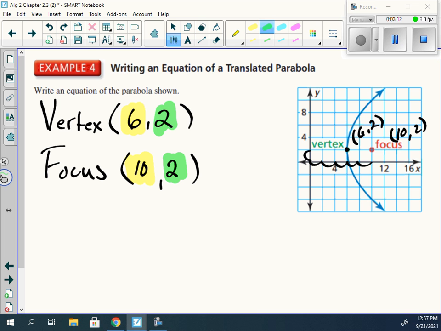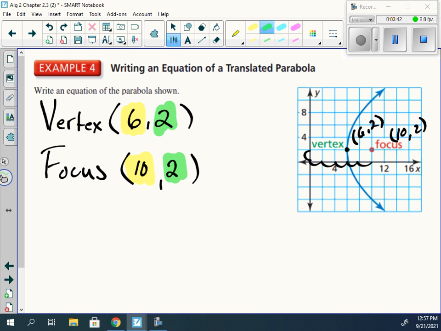Does the h change from vertex to focus? No, because the vertex is h, the focus is h, yes? For the vertex, we have k, and in the focus it's what? K plus p. So going from vertex to focus, for that one, the y value changes, yes? Because one of them is k, the other is k plus p.